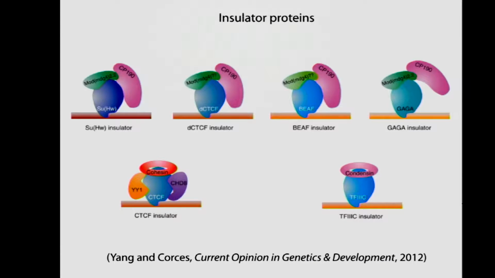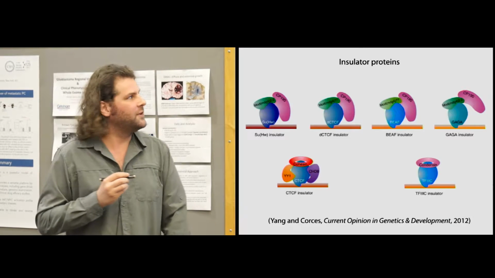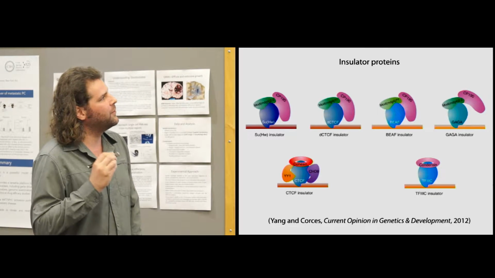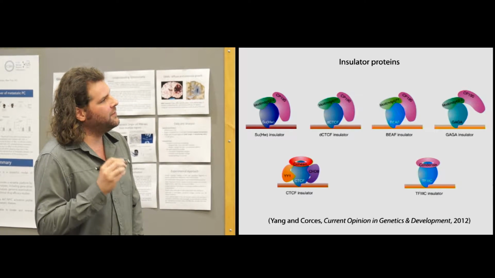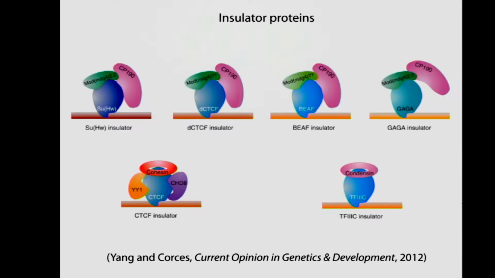As of now, we know of on the order of 6 insulator proteins, and suppressor of hairy wing was the one that was just talked about. These are 4 that occur in Drosophila. There may be one other, depending on how you define these things. They all involve this CP190 protein, and most of them require this mod cofactor.